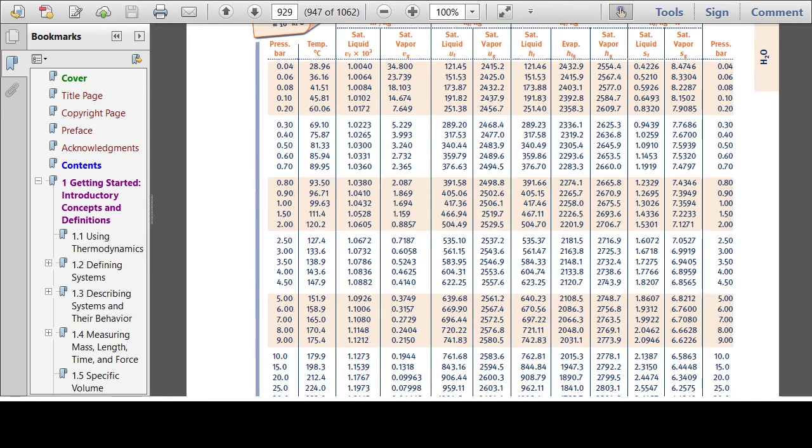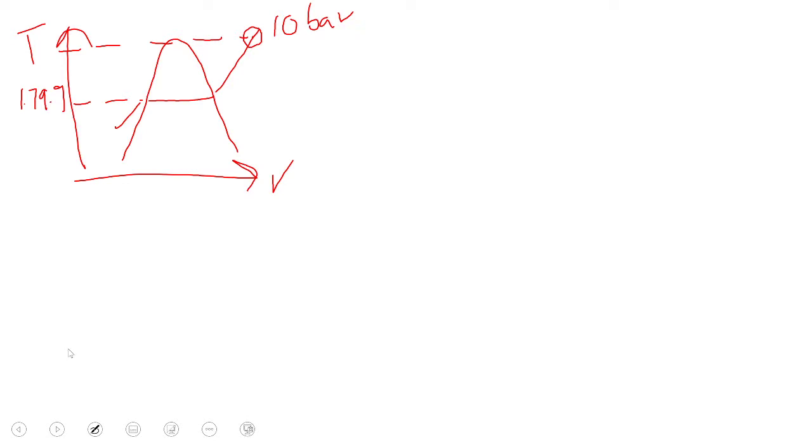But in our question we are given 485 degrees Celsius. So 485 degrees Celsius and 10 bar coincide in the superheated region.